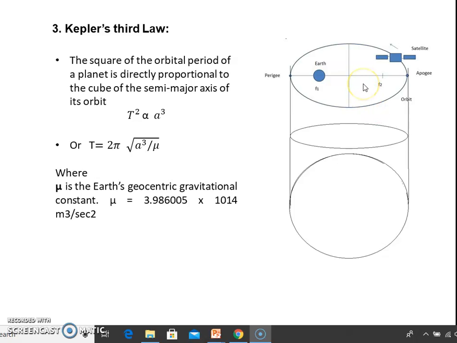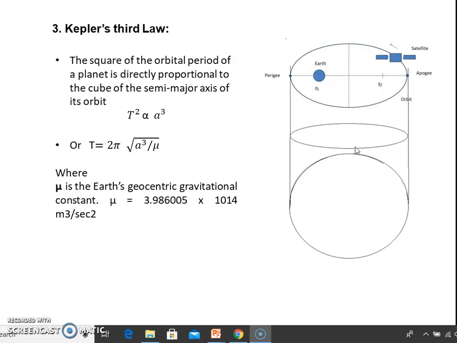Suppose here I made 3 orbits of different ellipticity, but the semi-major axis, a, is equal in all these 3 orbits. So the time period of the satellite in all these 3 orbits will be equal, although their shapes are different.